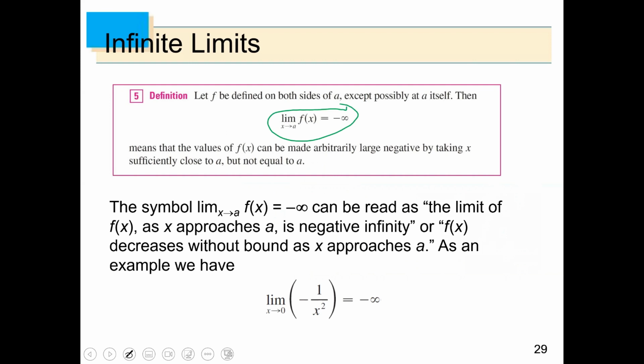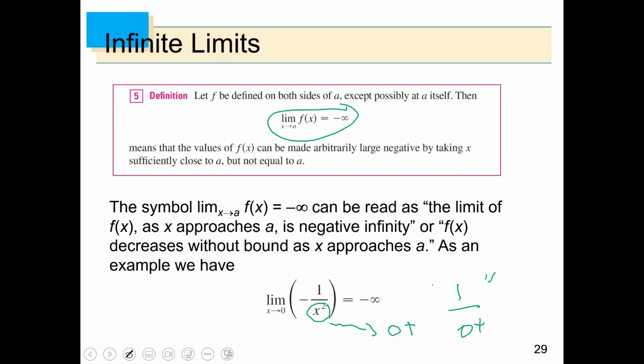As an example, you see here that when you take x approaching 0 and you compute the limit of -1 over x squared, since x is close to 0, x squared will be close to 0 plus. So 1 over 0 plus will be infinity somehow.